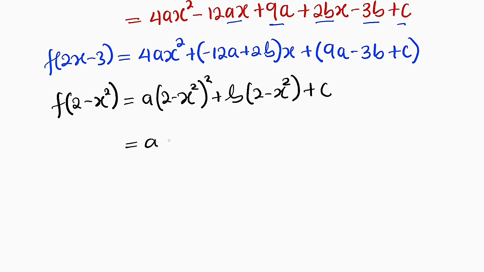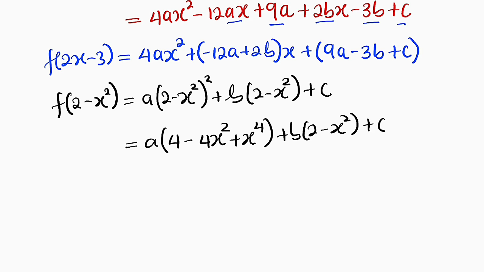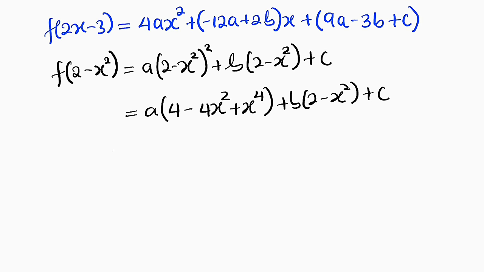This is equal to a multiplied by first term squared, 2 squared is 4, minus 2 times x squared is 2x squared times 2 is 4x squared. The negative x squared is positive x to the power of 4, plus b times 2 minus x squared plus c. Let's expand the brackets.